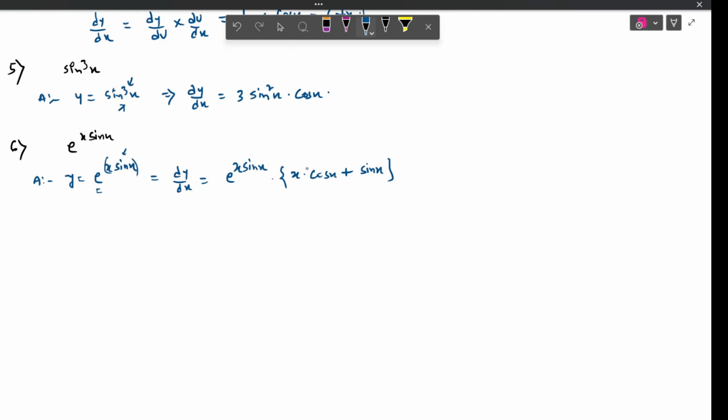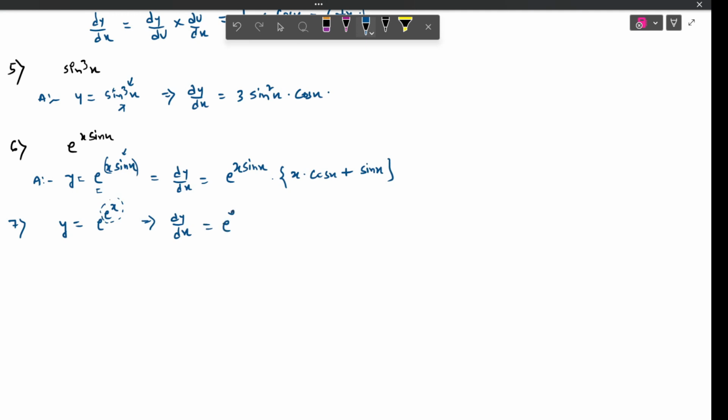Now let us see another question. Let us say we have to find the differentiation of y equals e to the power of e to the power x. Okay. Now see what will be dy by dx. Let us say this whole term is your x. So what would be the differentiation of e to the power x?